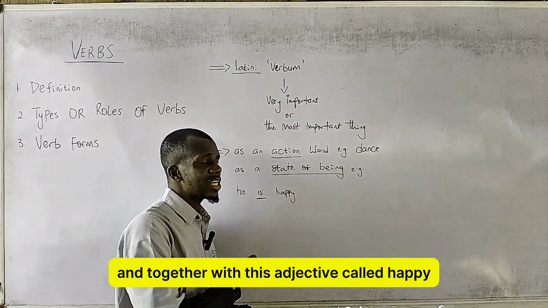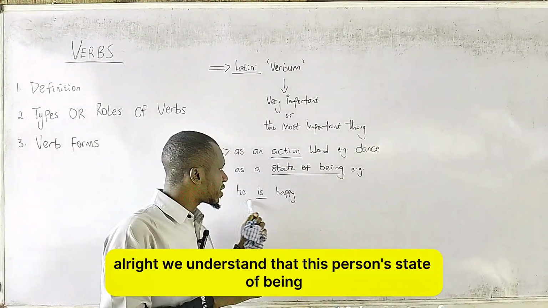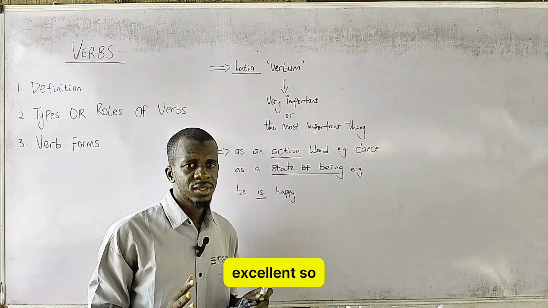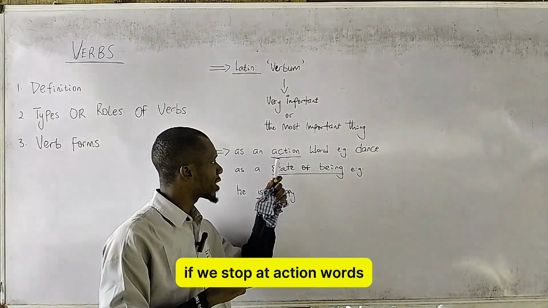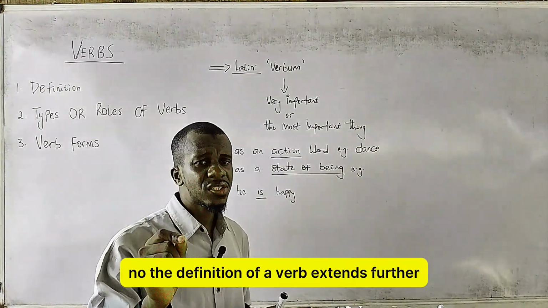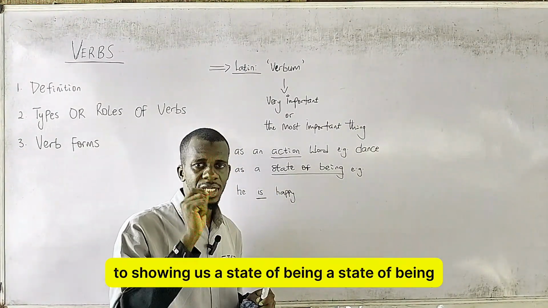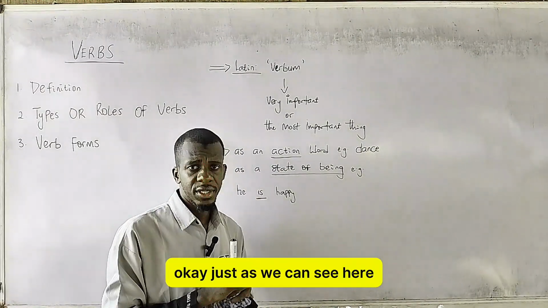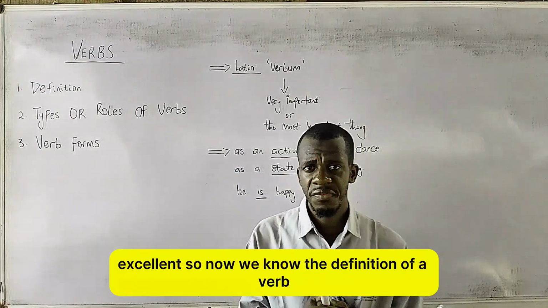And together with this adjective called happy, we understand that this person's state of being is that of happiness. Excellent. So the definition of a verb is not complete if we stop at action words. No. The definition of a verb extends further to showing us a state of being, just as we can see here. Excellent. So now we know the definition of a verb.